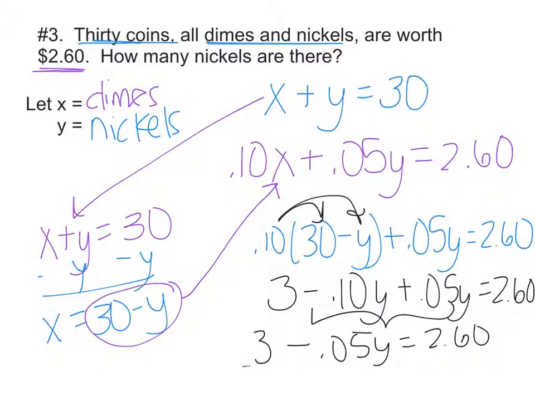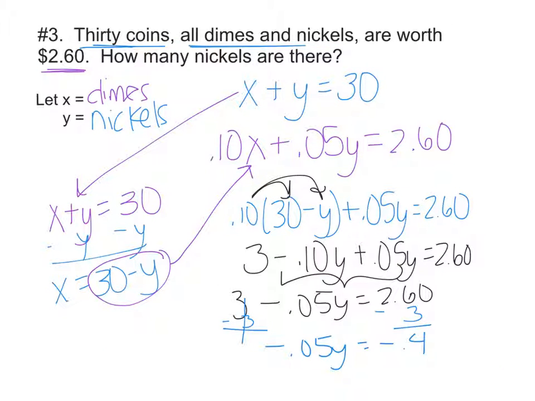And then we'll subtract both sides by 3 to get negative 0.05y equals negative 0.4, and divide both sides by negative 0.05, and we should get that y is equal to 8. So we know that there are 8 nickels.